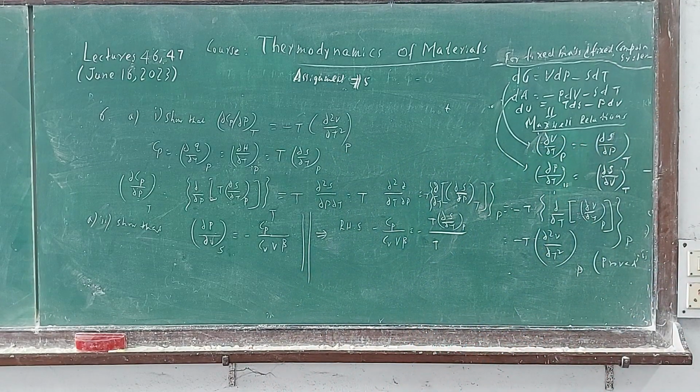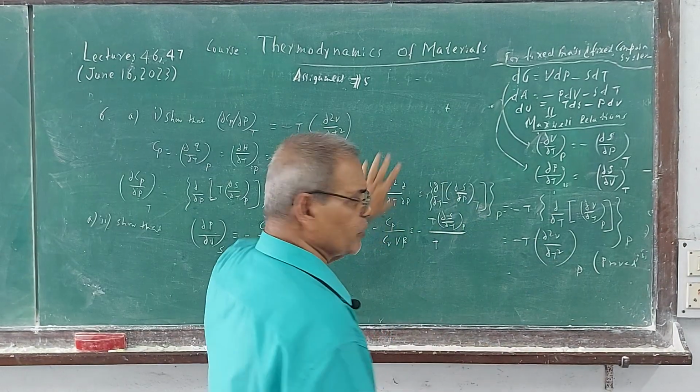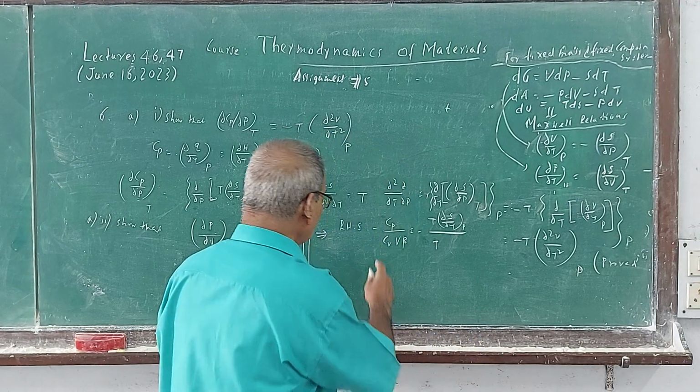Work done at constant volume is zero, so dq is not dh but dq is du. Under constant pressure dq is Cp dT, equal to dh, and under constant volume it is equal to du. I wrote it in the last class and corrected it. You didn't come. That is what it will be.